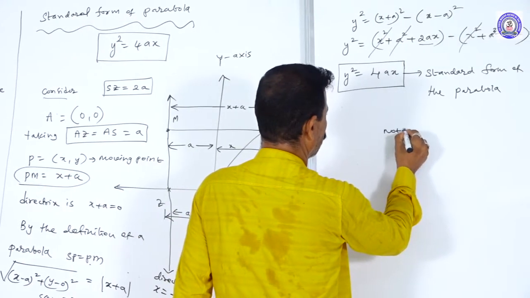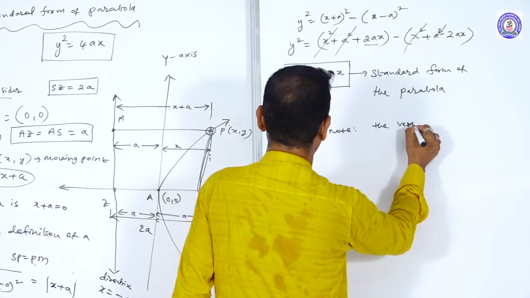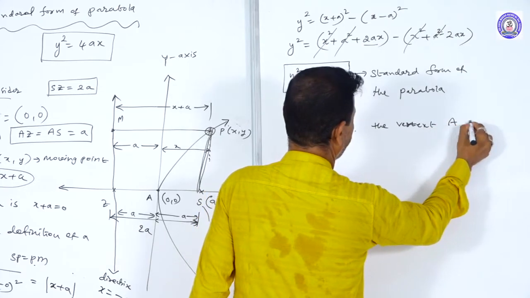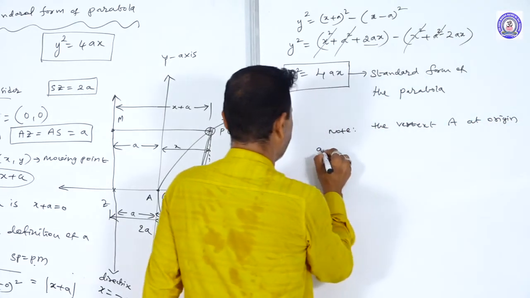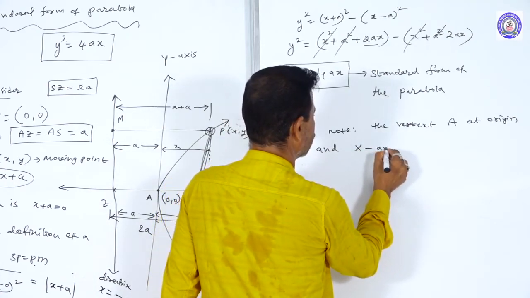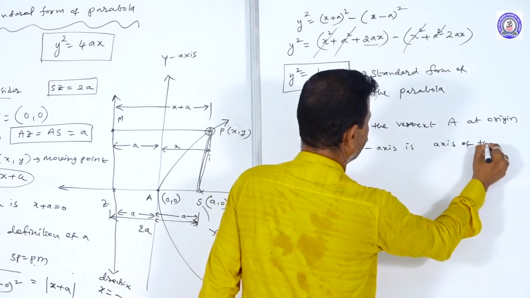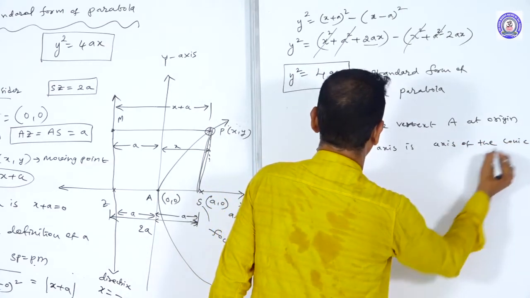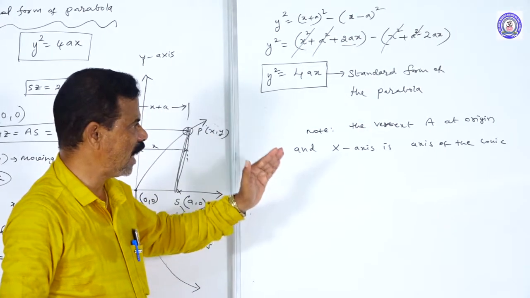Note the vertex A is at the origin and the x-axis is the axis of the conic.